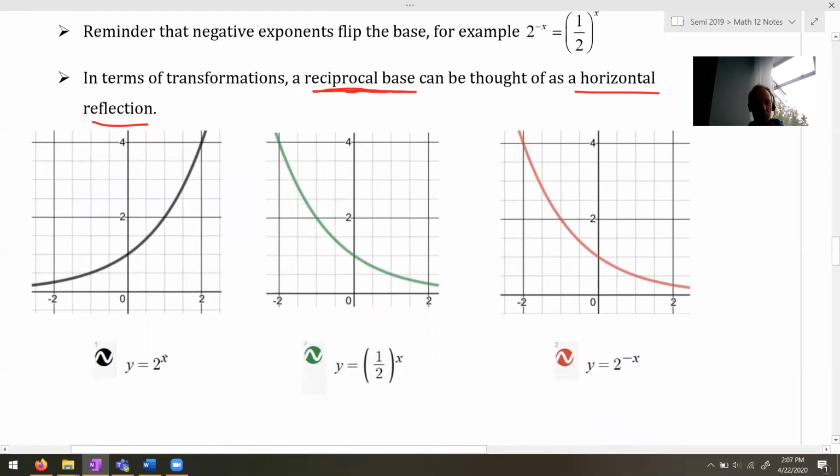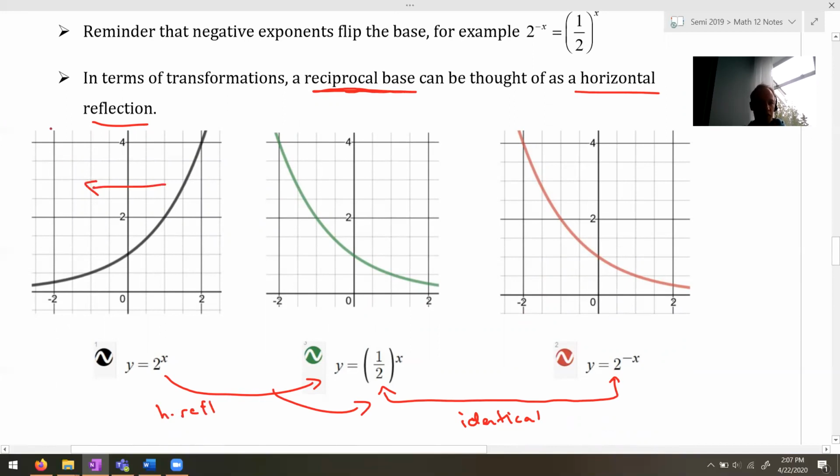Here's y is equal to 2 to the x. This and this, these are identical, right? And then this from here or there, this is a horizontal reflection, where all we did was we took the graph, and we flipped it over to the other side.